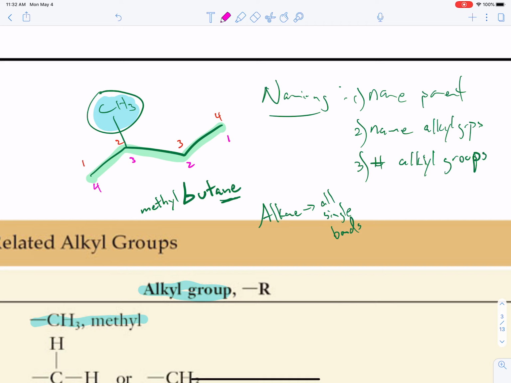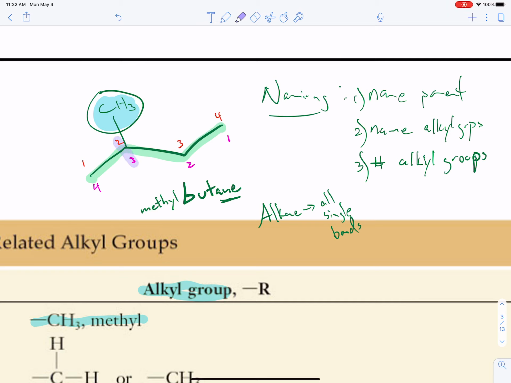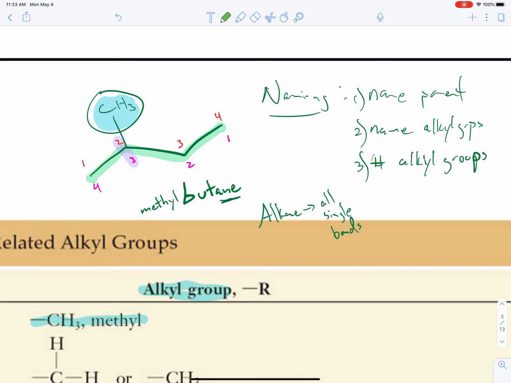And so in this case, what you're trying to do is get to a number here. You want the lowest number. This number right here needs to be the smallest number. And the smallest number is this red 2 right there, isn't it?